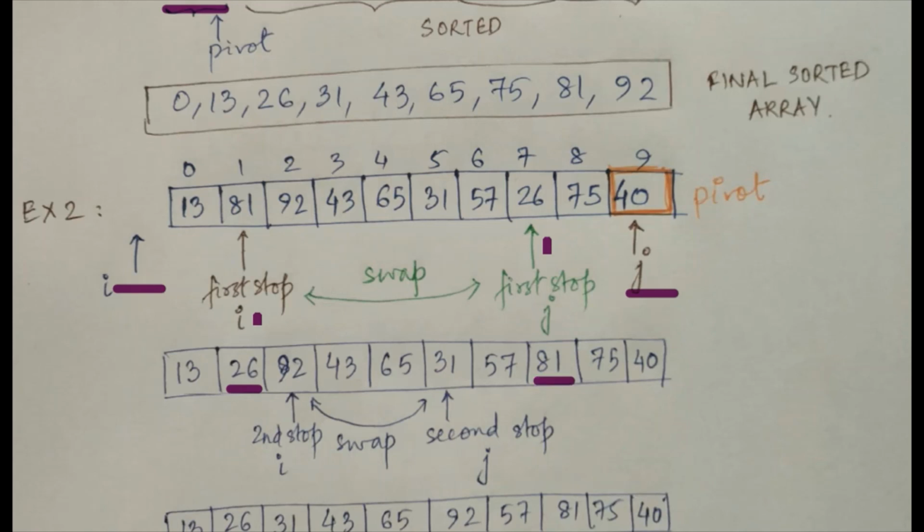After that, again j will move leftwards till it finds an element which is less than 40, and i will move rightwards till it finds an element which is greater than 40. Again they have stopped, and I will swap the two.